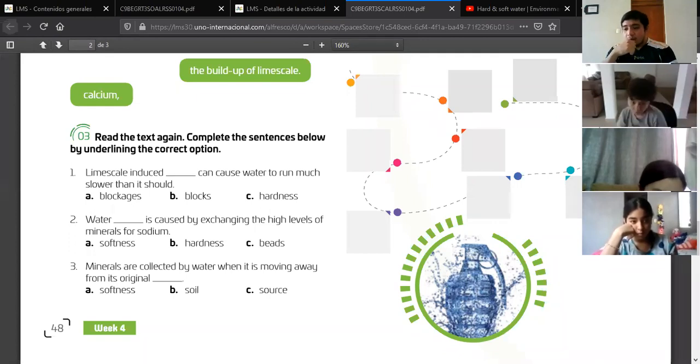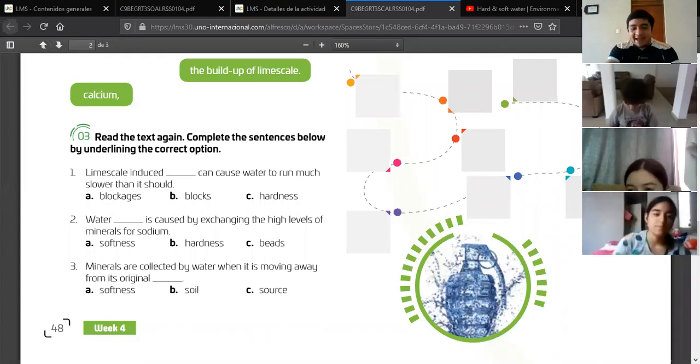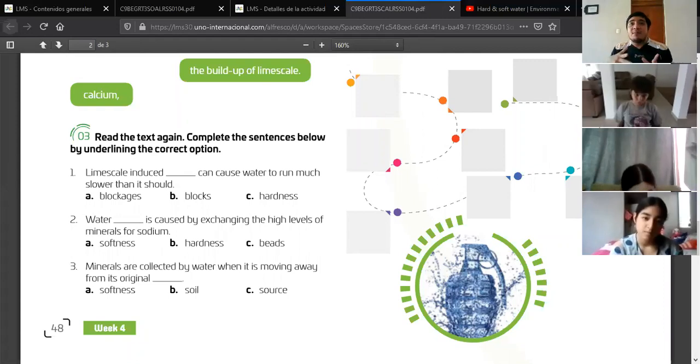It could be both. I don't know, like softness. Okay, perfect. Thank you. Softness. Because if you remember the video, they showed that the water that is hard needs some changes in the levels of minerals so it can become soft. Okay.